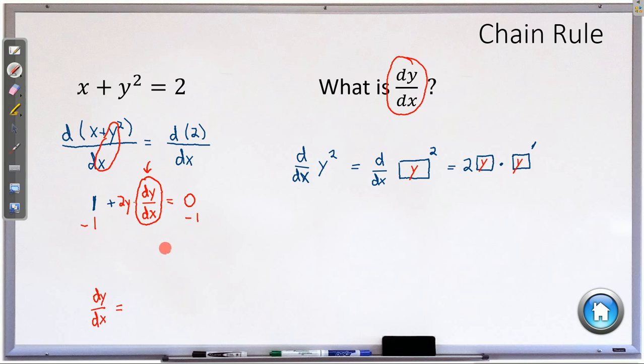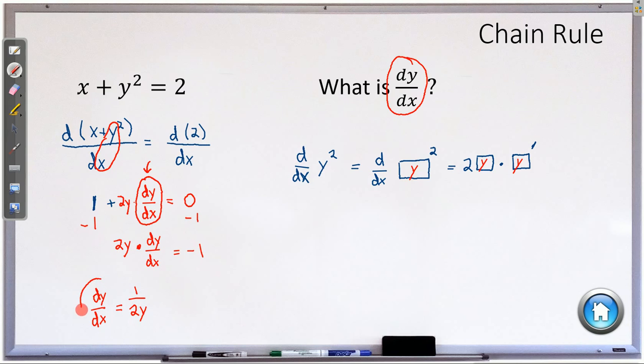Subtract 1 from both sides. You get 2y times dy over dx is equal to -1. And then we have multiplication here, so divide both sides by 2y. And you'll get dy dx is equal to 1 over 2y.